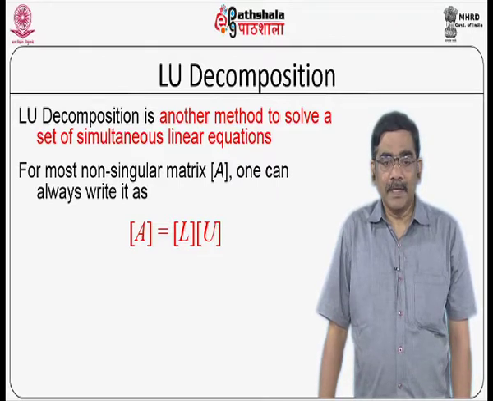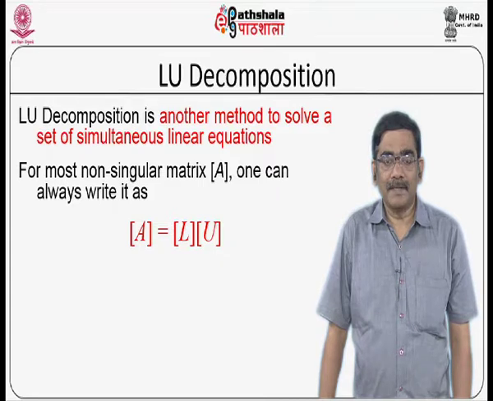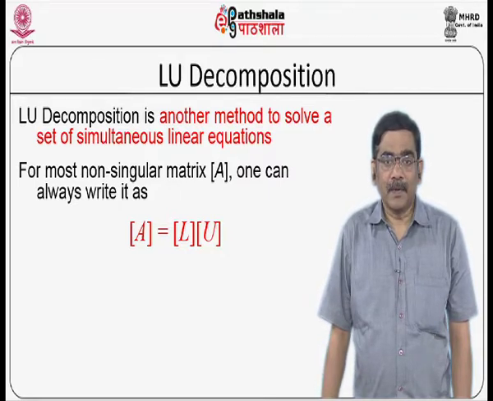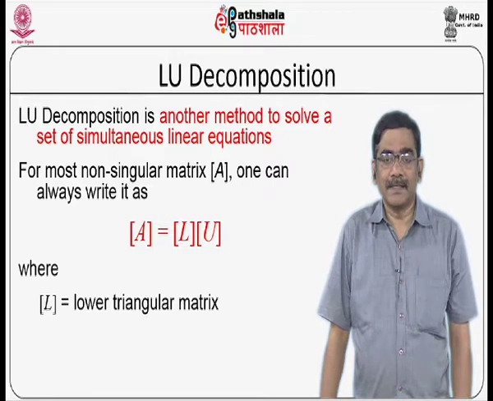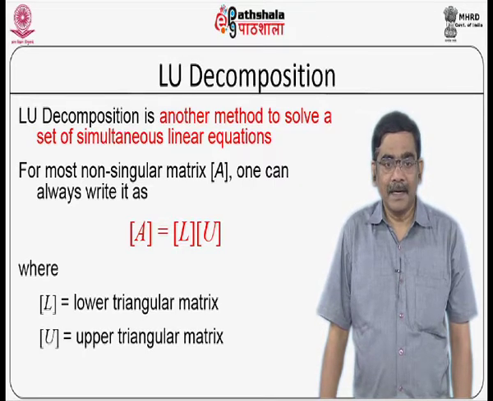The logic is very simple. By multiplying the L and U matrices, we will get back the matrix A. In other words, the matrix A can be represented as the product of two matrices, the lower and upper matrices. L is going to be the lower triangular matrix and U is going to be the upper triangular matrix.